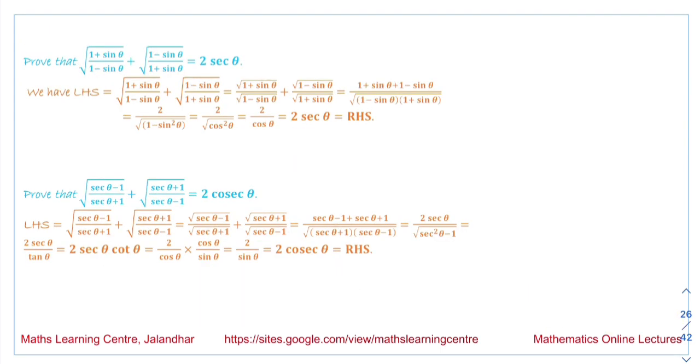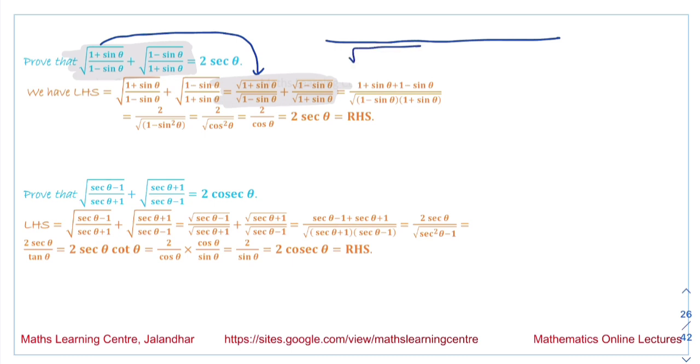Now the next question we have is to prove that square root of 1 plus sine theta over square root of 1 minus sine theta plus square root of 1 minus sine theta over square root of 1 plus sine theta is equal to 2 secant theta. So we have written this term in this form, where we have separated the square roots. When we take the LCM over here, we will get the answer in the form of square root of 1 minus sine theta into square root of 1 plus sine theta.